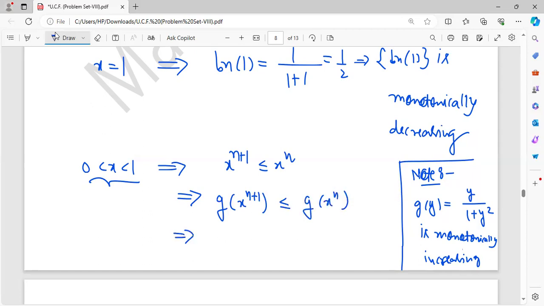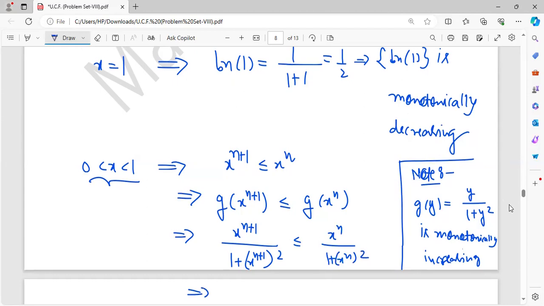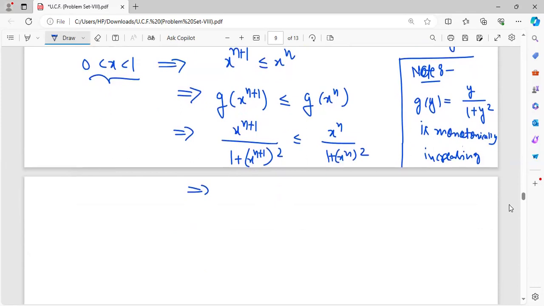What is this? This is x to the power n plus 1 upon 1 plus (x to the power n plus 1) square, and that is x to the power n upon 1 plus (x to the power n) square. It means this is b_{n+1}(x) and this is b_n(x).